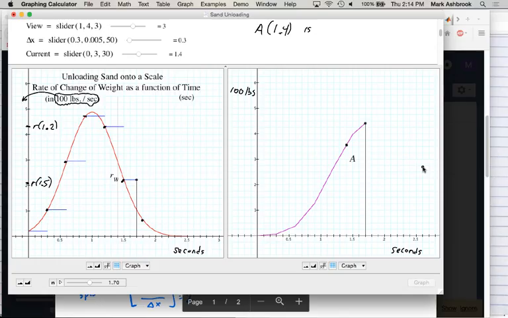Yeah, maybe a little bit more than 350. It looks like 355 or 360 or something like that. We'll say 355. Now at the bottom of this worksheet we're getting the nuts and bolts of how A works to actually calculate the approximate value of the net accumulation of pounds of sand at 1.4 seconds.